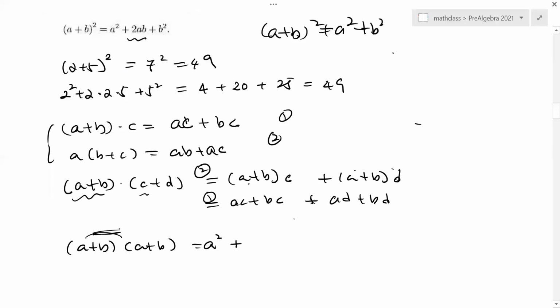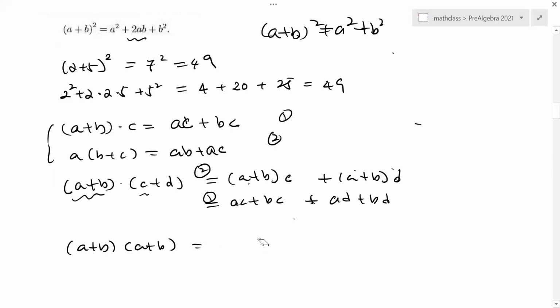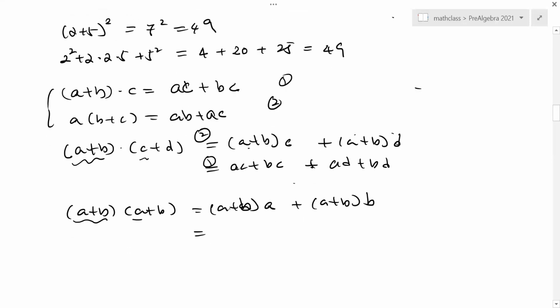Let's repeat it, it's a special case. Consider a plus b as one term, then a plus b times a, then a plus b times b. Then you multiply this out: a times a, b times a, and here's a times b and b times b.